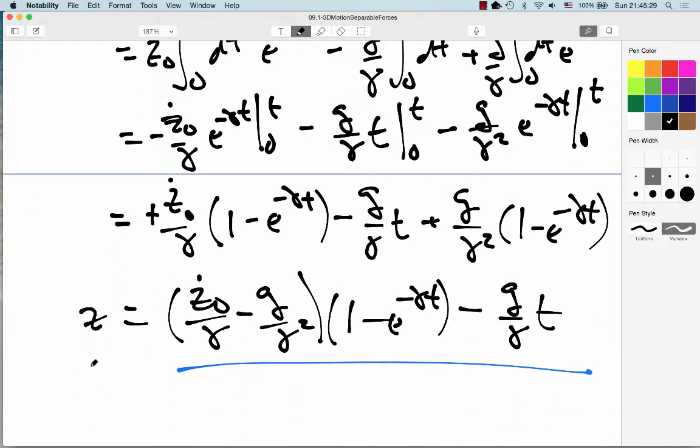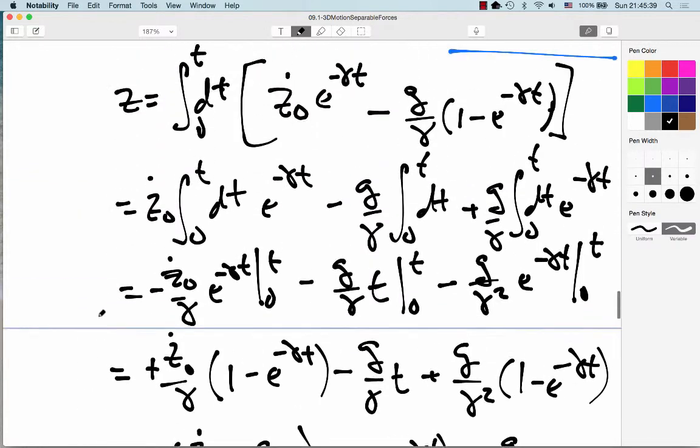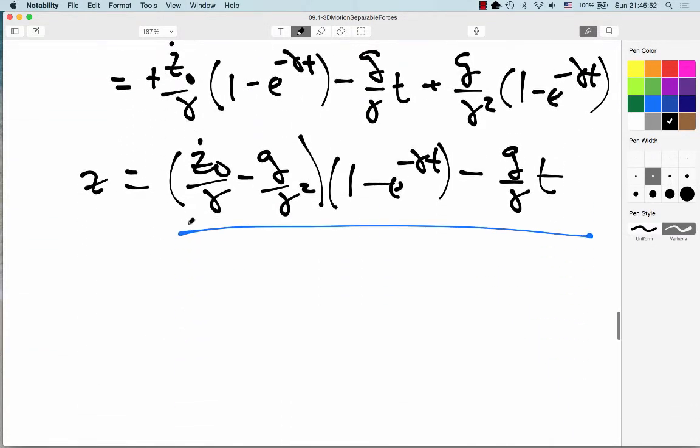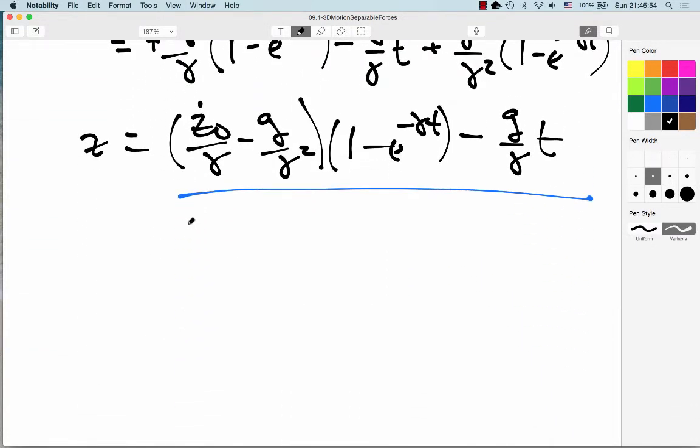If we try going for the jugular and sticking in z equals 0 here and solving for time of flight, it isn't going to go so clean. So the trick we're going to do here is take our solution for x, actually, and solve for the time in terms of our x max. And then we'll stick it into z and hope that that works a little better.